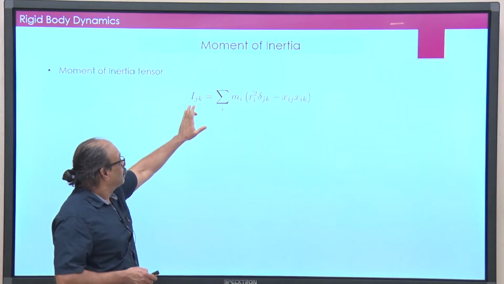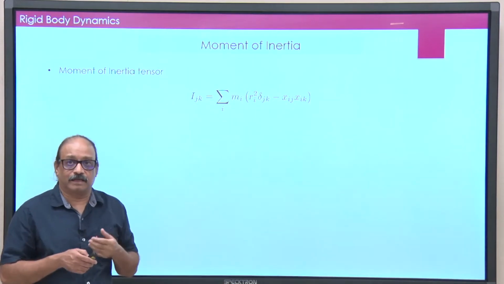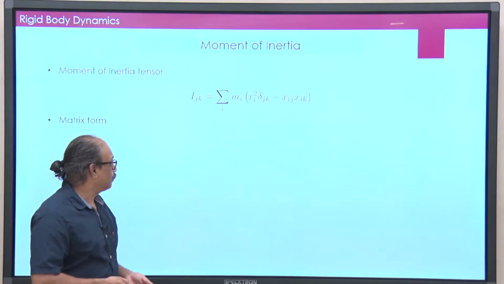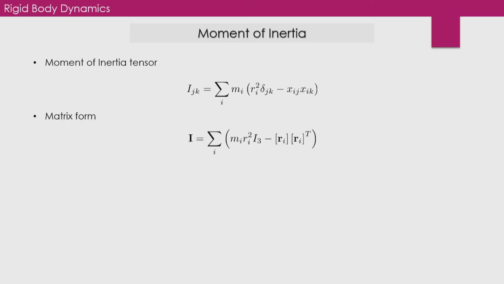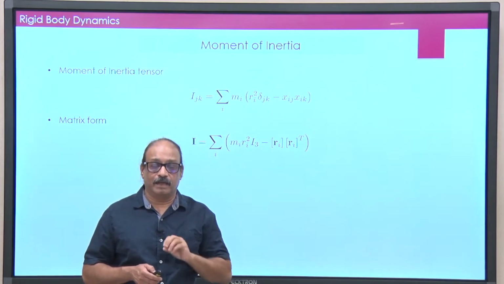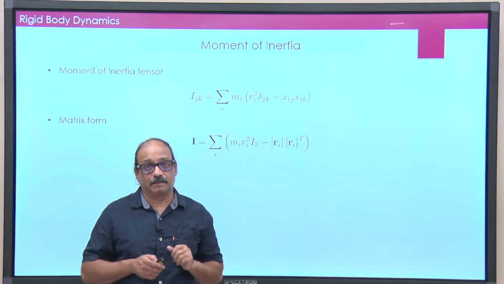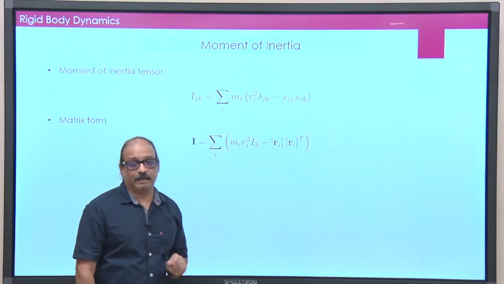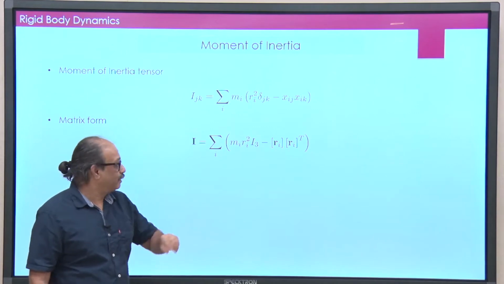Now, you see j runs over 3 indices, k runs over 3 indices. This looks like a 3 by 3 matrix. So, I will put this in matrix form. First of all, delta j k is a 3 by 3 matrix where only the diagonal entries are 1, that is essentially the identity matrix. So, I will write it as I 3, the 3 by 3 identity matrix.